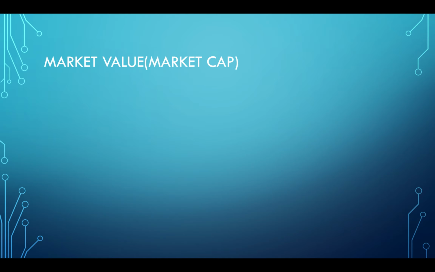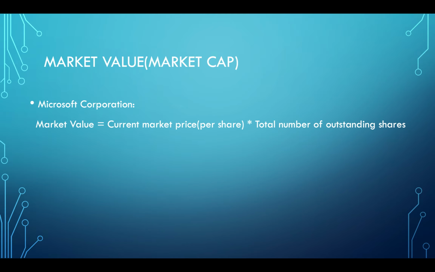The last one is market value, which is also called market cap. For Microsoft, for the current market value, we use the formula current market price per share multiplied by total number of outstanding shares. And I got this result on the 5th of May.